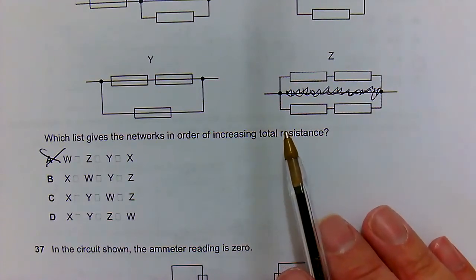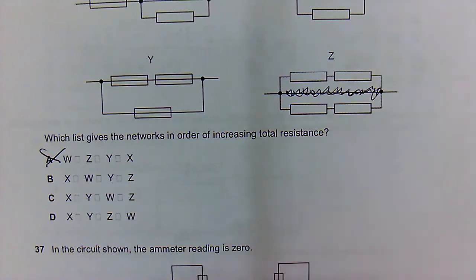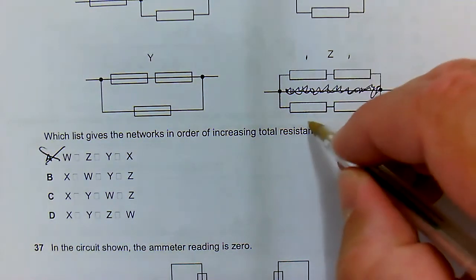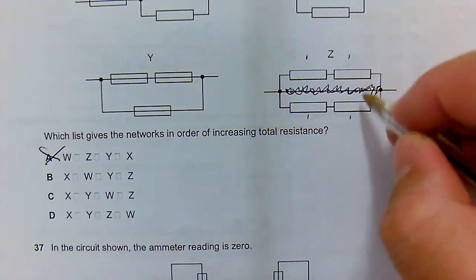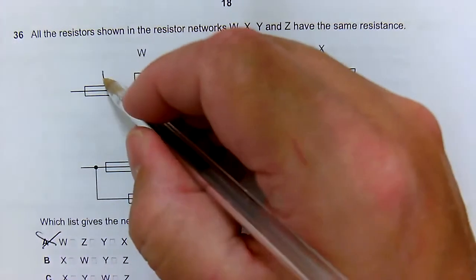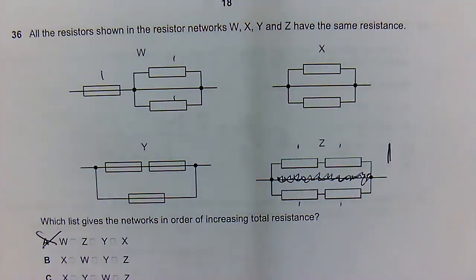If we look at this, say each one's got 1 ohm as an example. We have 1 plus 1 is 2, and 2 in parallel with 2 is 1, so that's going to be 1 ohm. If this is 1 and this is 1, that would be 0.5, then 1.5.